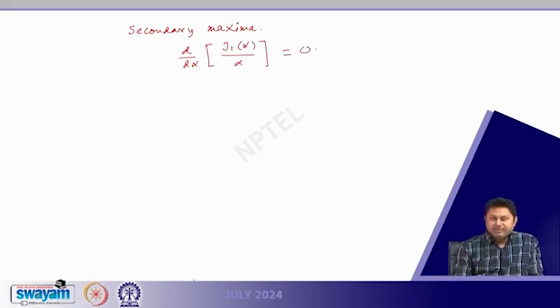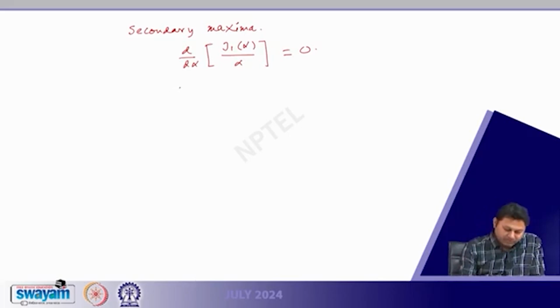That is a difficult calculation. Using a computer you can do that, and if you do, you will find that when the value of alpha is 1.635 pi, then we have the first secondary maxima.